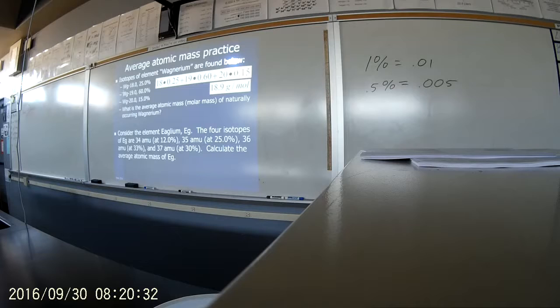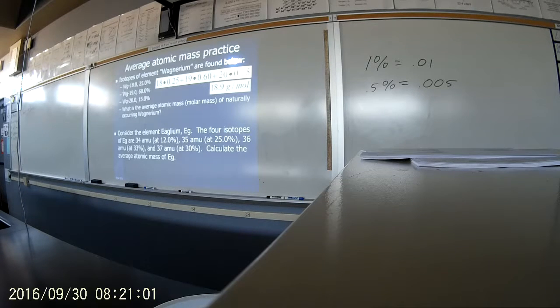How about this one? Gallium. So now this is a word exercise, but the math doesn't change. The 4 isotopes of gallium are 34 at 12%, 35 at 25%, and 36 at 33%. And then the 4th isotope, 37 at 30%.